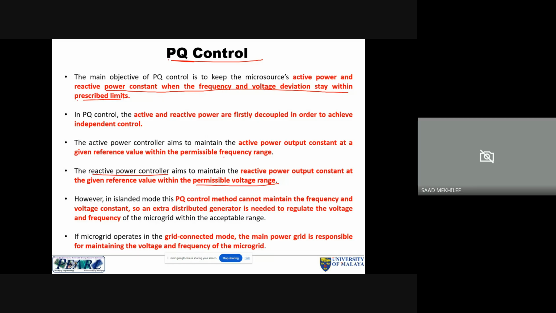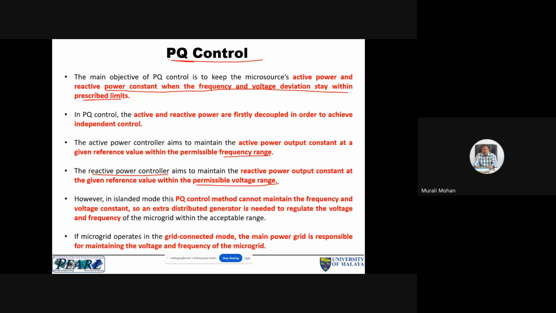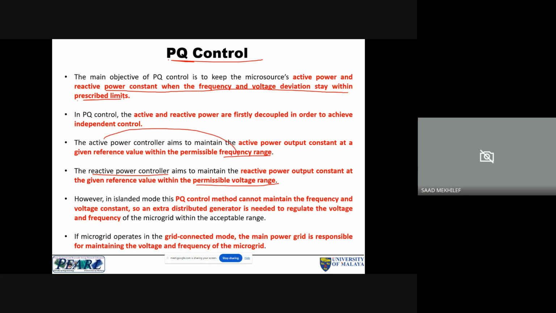So these are the two main constraints. Frequency is always related to the active power, voltage always related to the reactive power. So they are decoupled, and then measured.